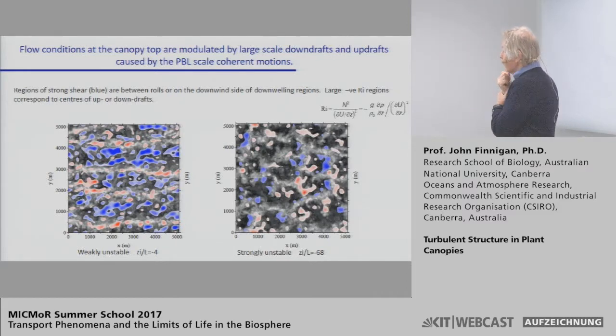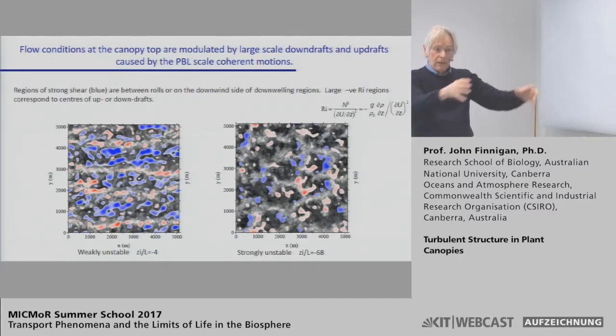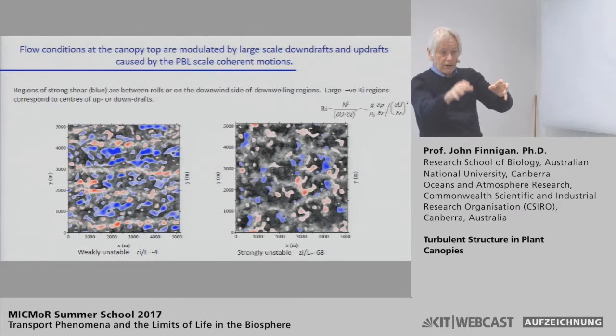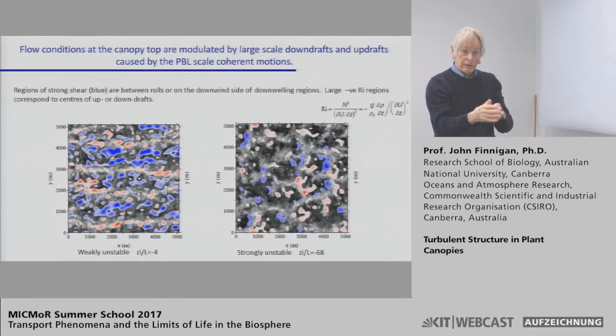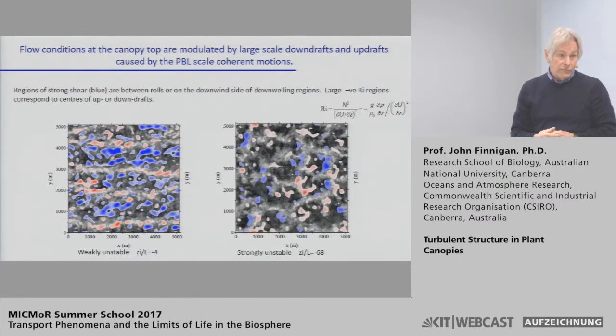On the right-hand side, it's a bit more complicated. As a cell goes down, if there's any mean wind, when the flow is in the direction of the mean wind, the cell motion adds to the mean wind and you'll get strong shear. But on the other side, the cell motion subtracts from the mean wind and you'll get low shear. So you just get patches of strong shear on the downwind side of cells.